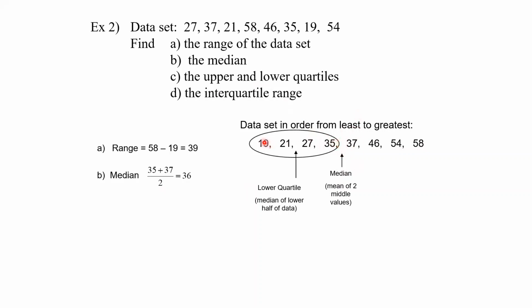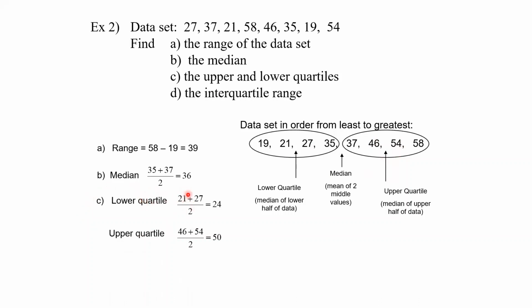Therefore, the median value is here, that is 36. So all the values, these 4 values below it, will now constitute the data set that we will try and get the lower quartile from, and these values above it, so we have 4 of them here, will also constitute the upper values. So what is the middlemost value of the lower section? We find that we have both 21 and 27 as the middlemost values. Therefore, to get the lower quartile, we will have to do an average. The same thing will be done for the upper quartile, which will be an average of 46 and 54.